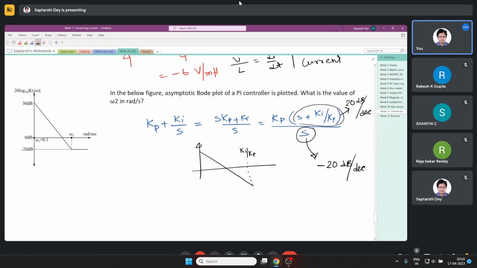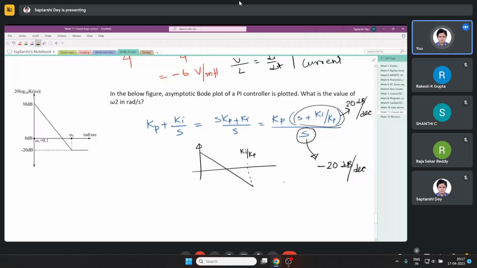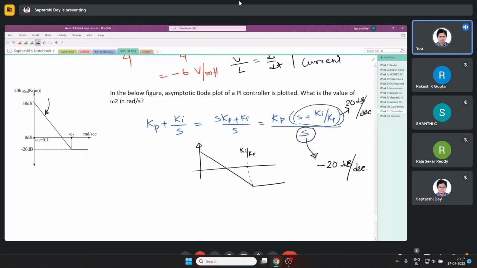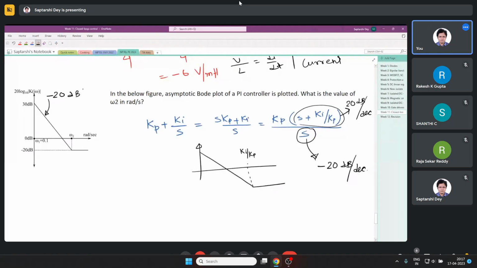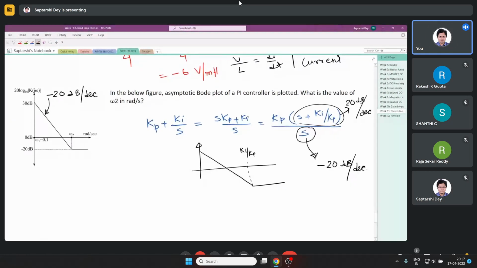So the minus 20 and plus 20 will cancel out each other and it will be flat like this. So basically what they are saying here is that the straight line that is dropping has a slope of minus 20 decibel per decade.